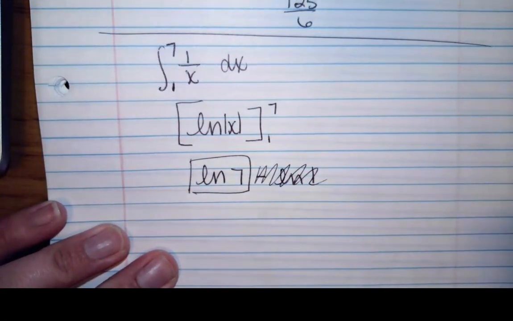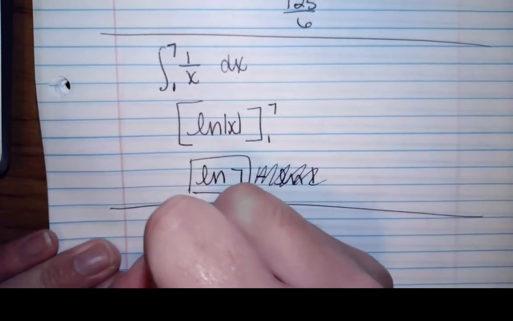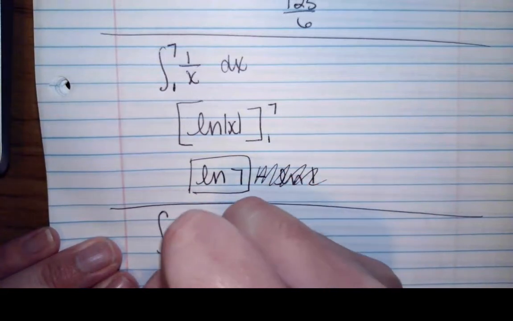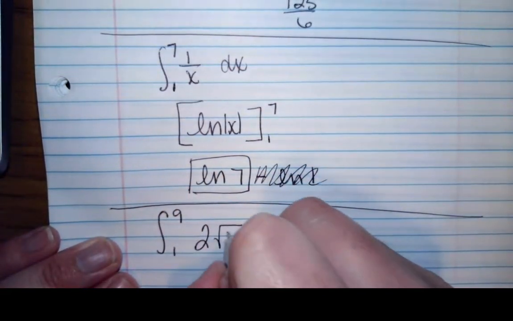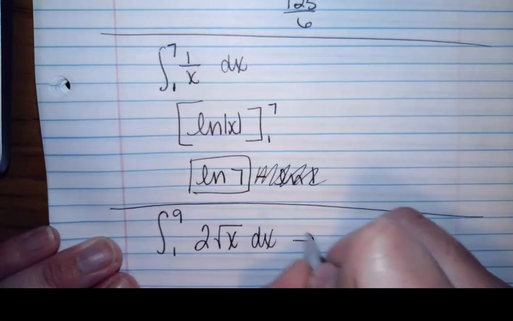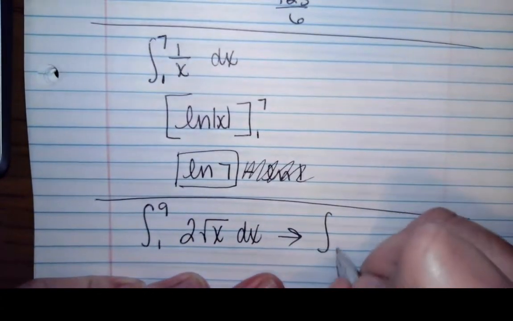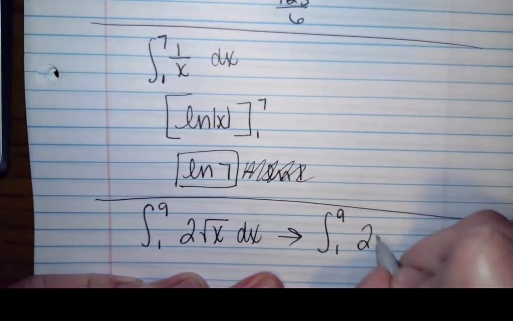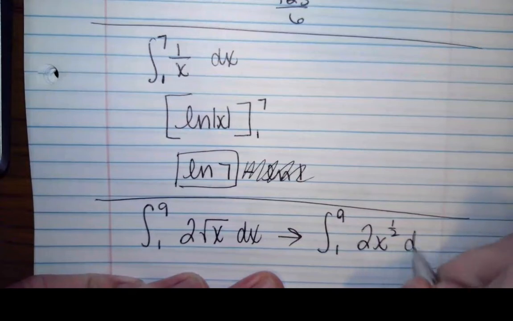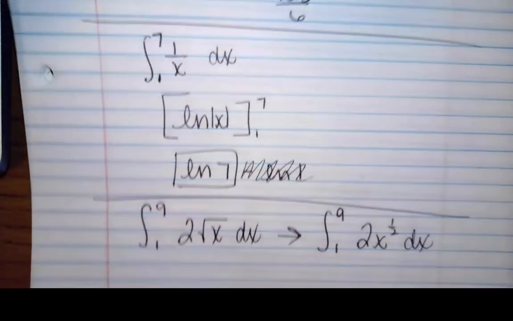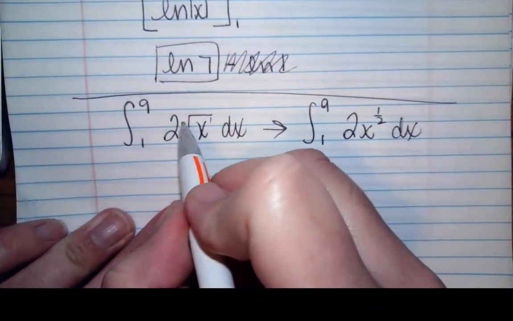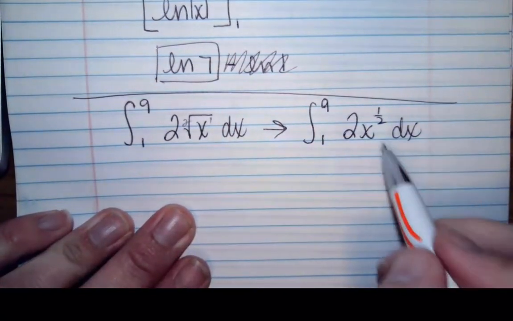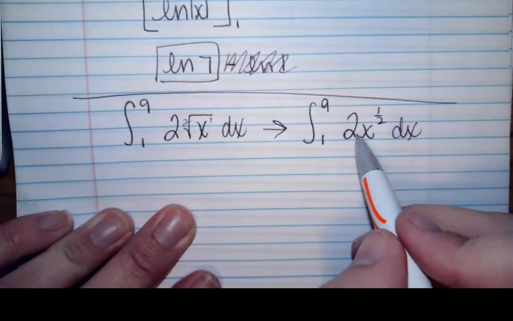Okay, let's try another one. We have the integral from 1 to 9 of 2 times the square root of x dx, which I'm going to promptly rewrite as 2 times x to the 1/2 dx. Okay, so how do I integrate 2x to the 1/2?